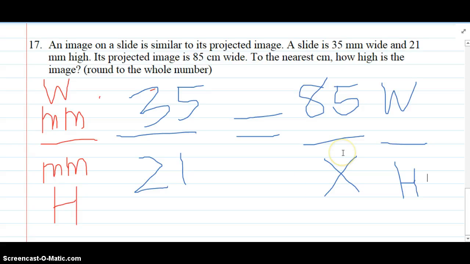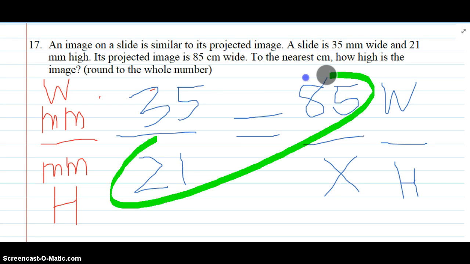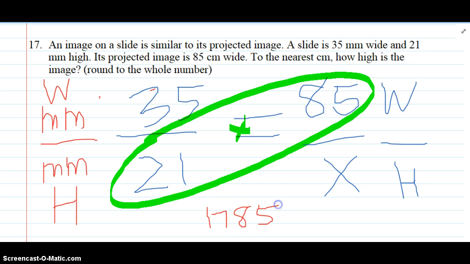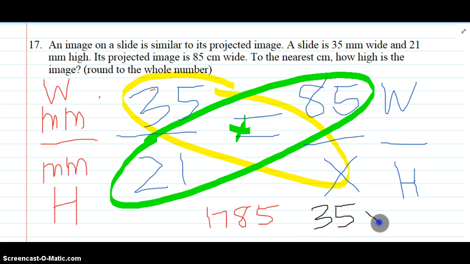Okay, so I'm going to multiply 21 times 85. I am going to get 1,785. I'm going to cross multiply my other side, which is my 35 times x. That's going to give me 35x. I want an equal sign in between.